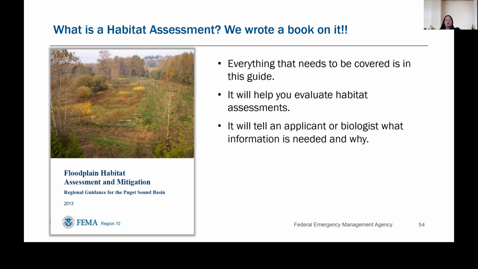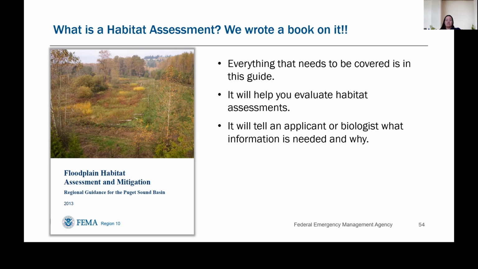It's also a great resource for providing to applicants or to biologists that are hired by those applicants to fill out these reports, because the habitat assessment is not like a set defined document or product that's available out there in the market to go purchase, right? It's a very specific report that speaks specifically to the Puget Sound BiOp and what we need to be worried about to protect our threatened species and their critical habitat.